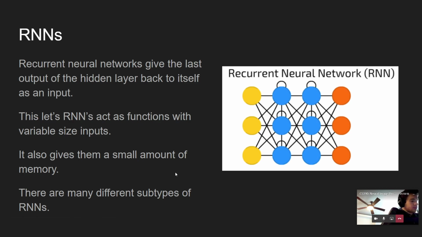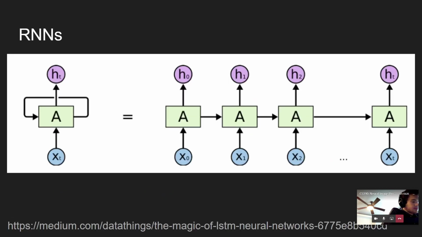It gives the RNN basically a small amount of memory. And another way to look at this is, here's an unfolded one. So you have your input, your neuron, and then an output. And what this will do is you can unfold it to see where you have input 1, input 2, input 3, and it's all going into the same neuron, but one of the inputs to this neuron is the previous output.